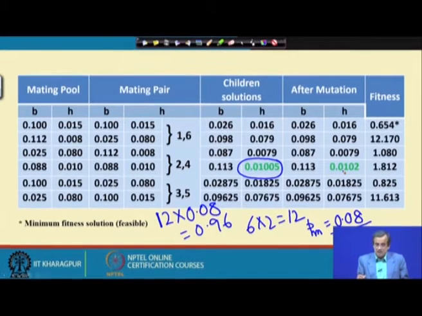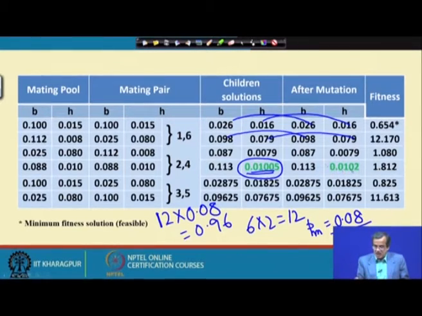Now, here we directly copy the other values, like 0.026 is copied here, 0.016 is copied here. So, this process will go on, but corresponding to this I will have to find out the mutated solution.